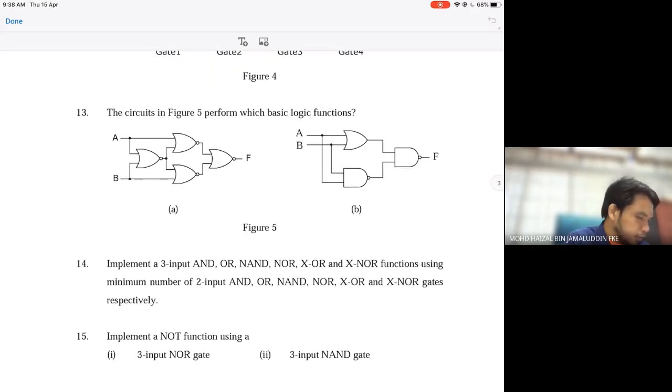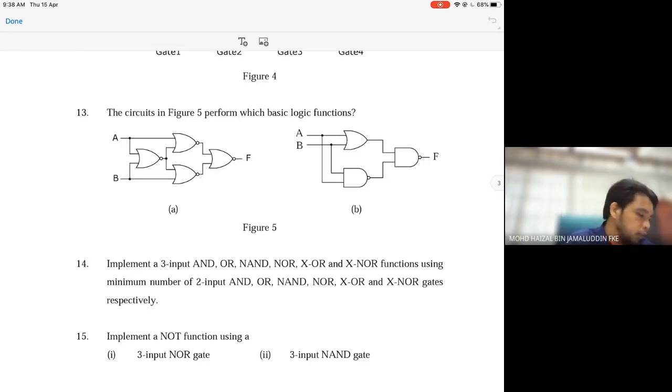So number 13. The circuit in figure 5, A and B, performs a basic logic function. What is the kind of basic logic function? AND, OR, NOT, NAND, NOR, none. So how do you want to solve the problem?